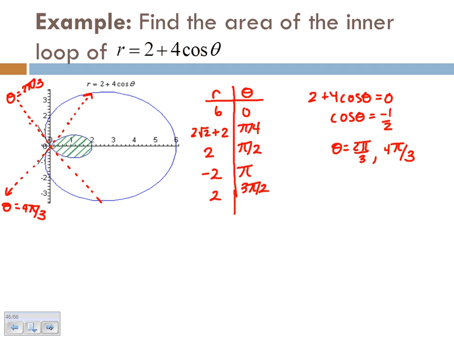Make our theta chart, okay? Did everybody find the possible tangents at the pole okay?